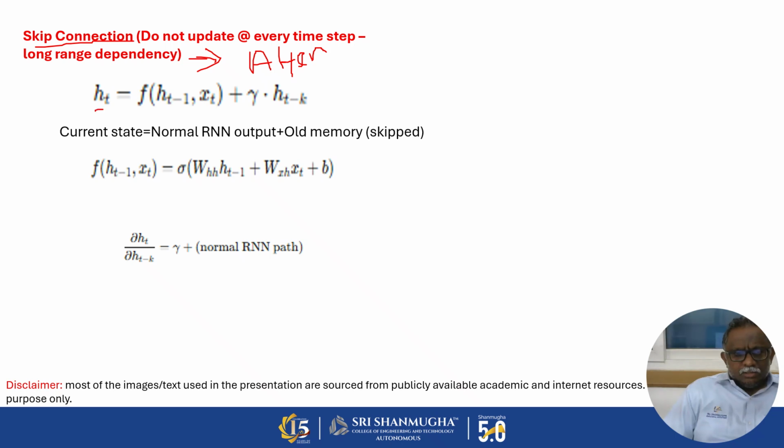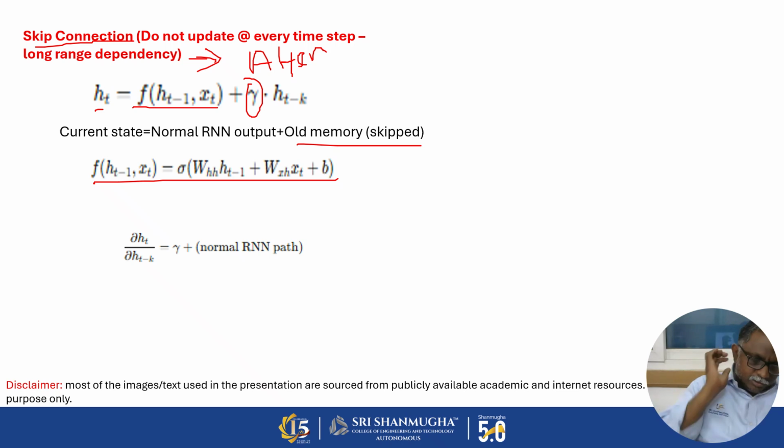So this is the hidden state. This is our normal RNN output. This is the activation function, and this is a combination of vectors. So this is the one we get. In the old one, we have this gamma function over here. That is the skip. So that is the reason it doesn't go through every time step.